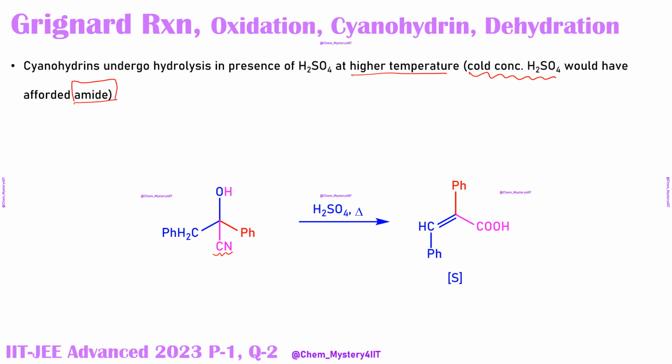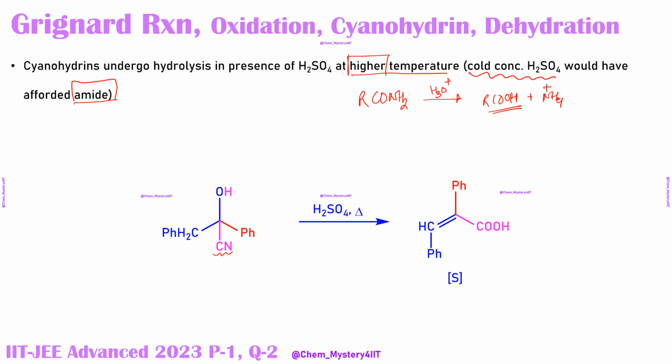But if the temperature is kept higher, the amides which could have been generated, the CONH2 compounds, are further hydrolyzed in acidic medium, and we get ultimately RCOOH and NH3, rather NH4 plus. These products we get at higher temperature in the presence of sulfuric acid.